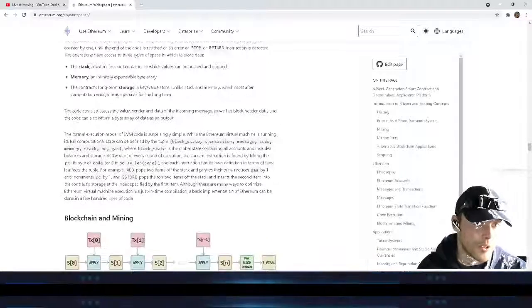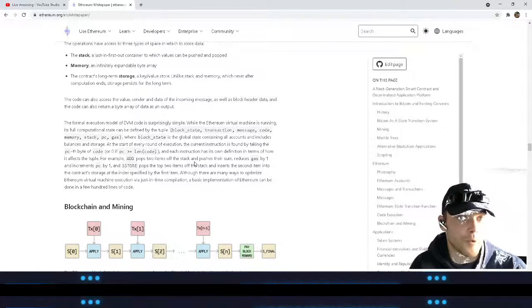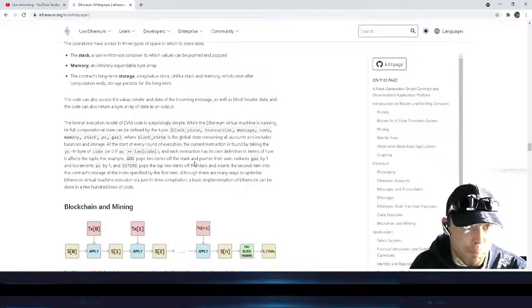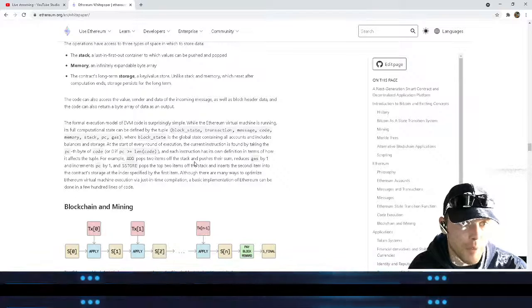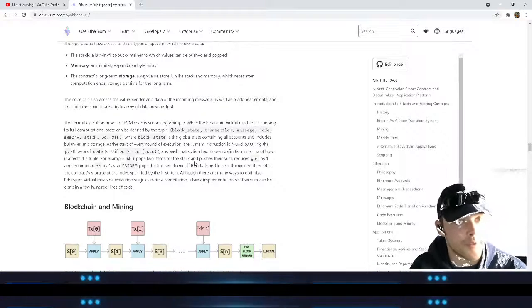The formal execution model of EVM code is surprisingly simple. While the Ethereum virtual machine is running, its full computational state can be defined by the tuple as follows, where block state is the global state containing all accounts and includes balances and storage.